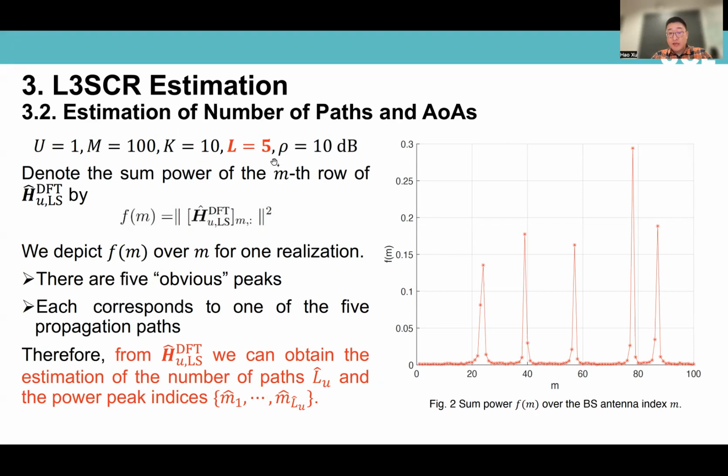This is because we set the number of paths L to 5, and each peak corresponds to one of the 5 propagation paths. Therefore, from this matrix, we can obtain the estimation of the number of paths LU hat and the power peak indexes.